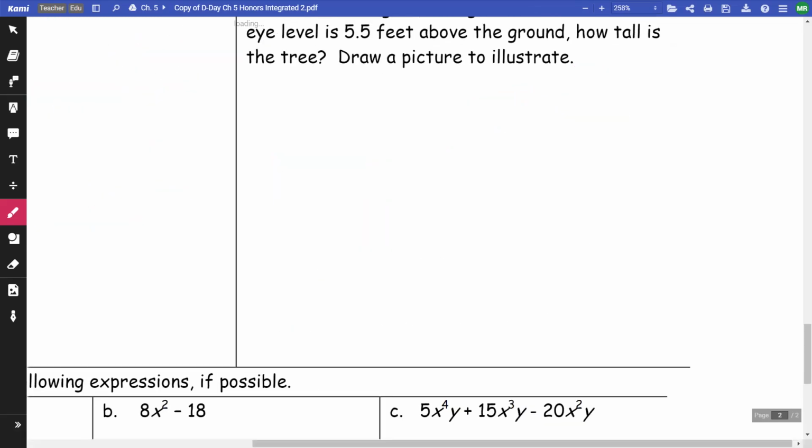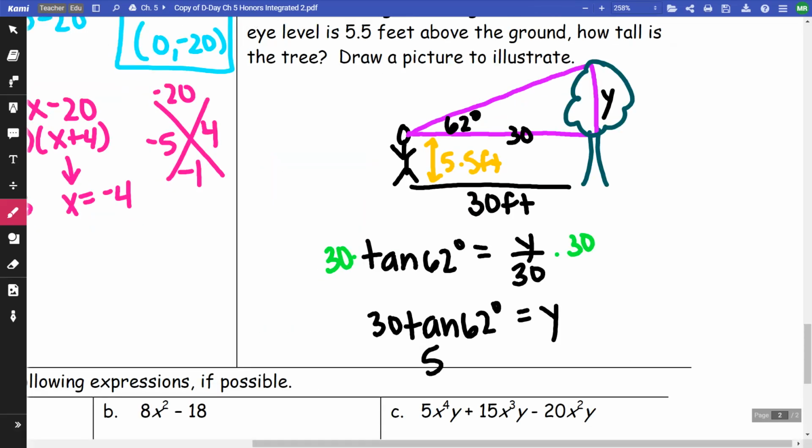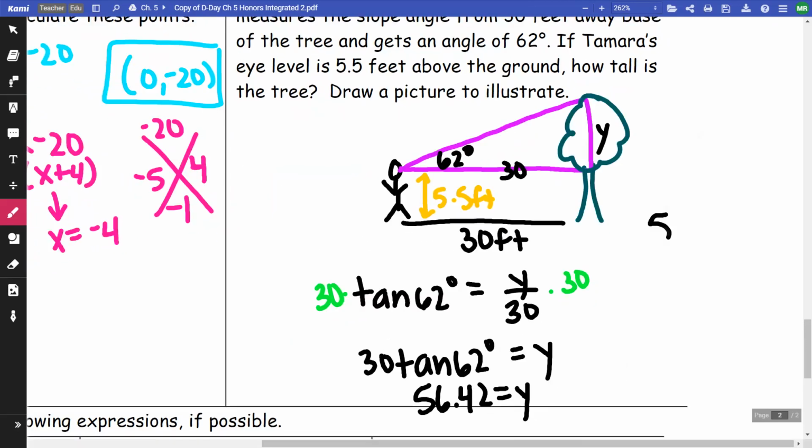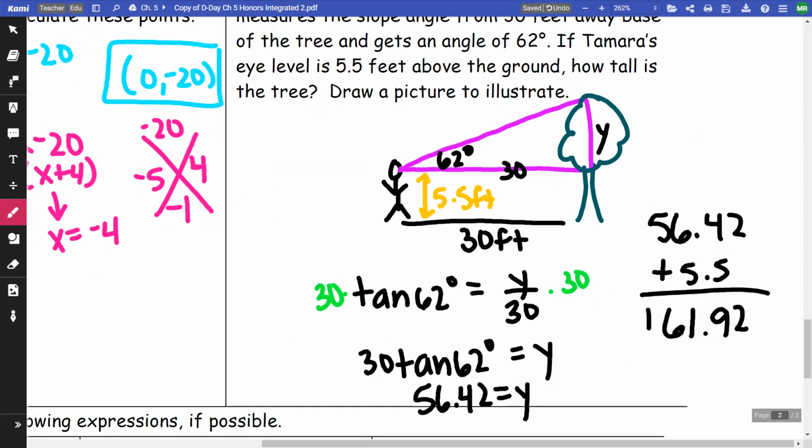So this is going to be 56.42. And then I need to add the 5.5 onto it. So 56.42 plus the 5.5, I end up getting 61.92. That is the height of the tree. Feet, that's feet.